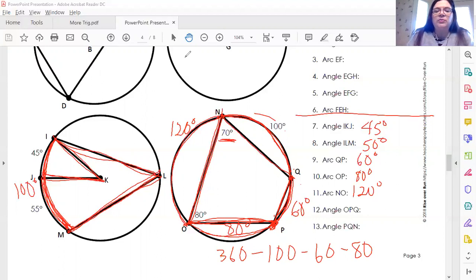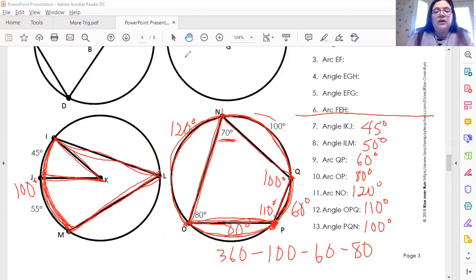So that's 100 plus 120 is 220, and half that, 110. 110 there. And then angle PQN, this last one, you can do the same for 120 plus this 80 is 200, and half that is 100.